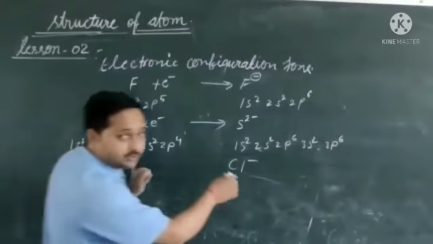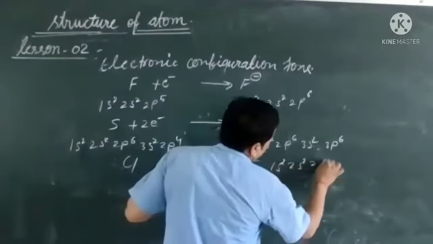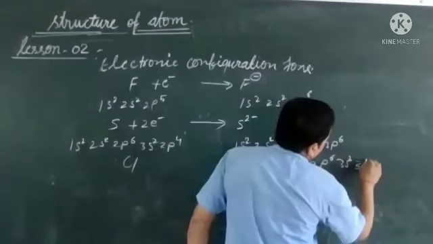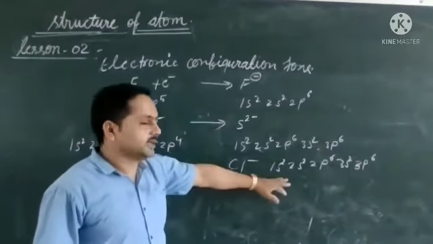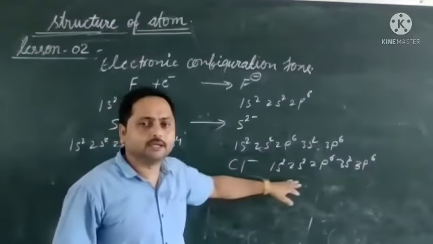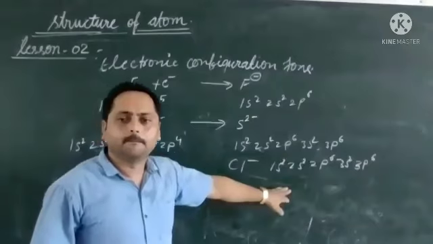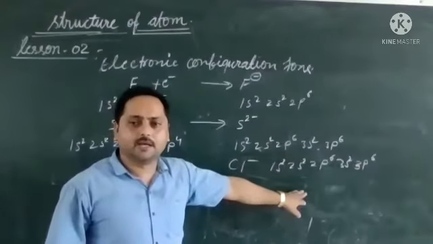So it is 1s2, 2s2, 2p6, 3s2, 3p6. I think that is correct. So how many have written correctly? Thumbs up. Yes. Only 4 or 5 students are done.